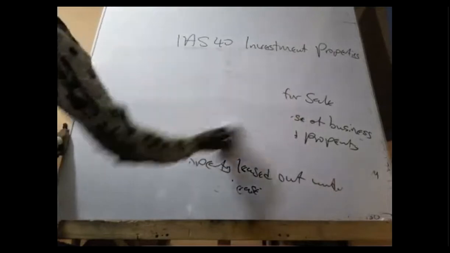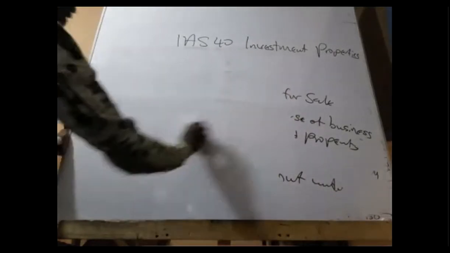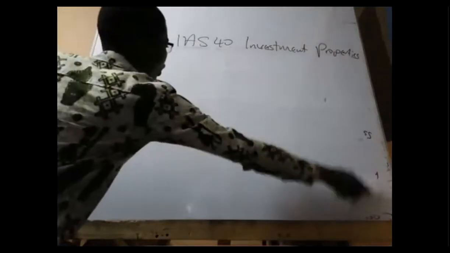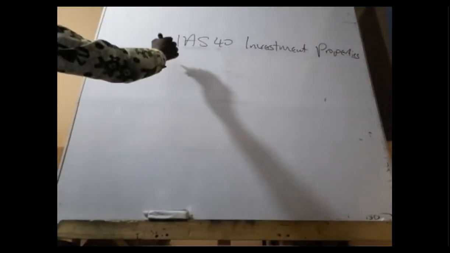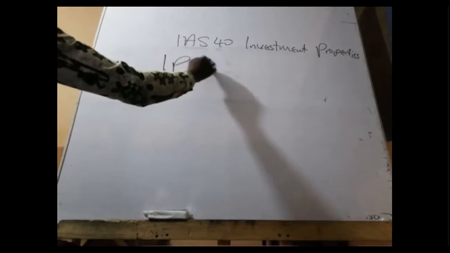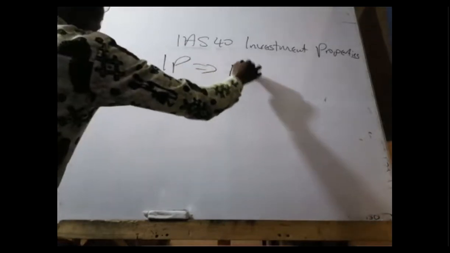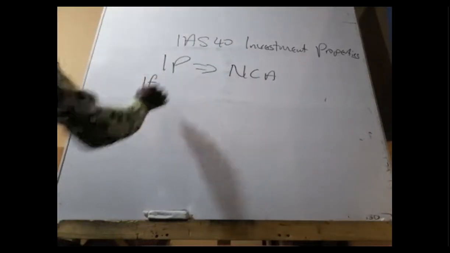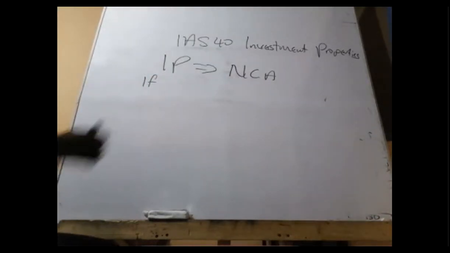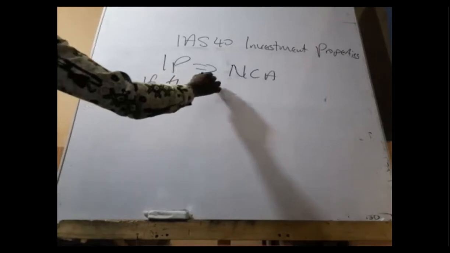Is it a liability? Is it revenue? Is it an expense? Is it equity? Or is it an asset? So tell the examiner that investment properties are assets, preferably non-current assets, if and only if the following two conditions exist.